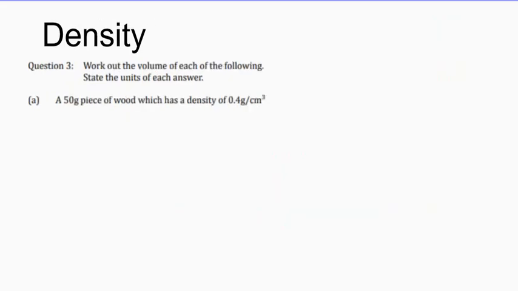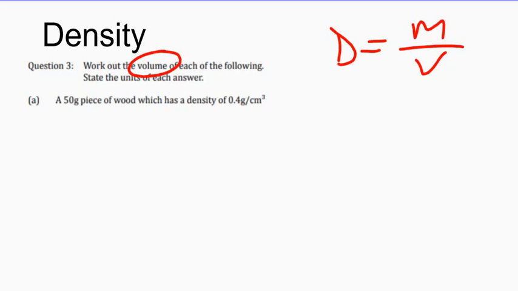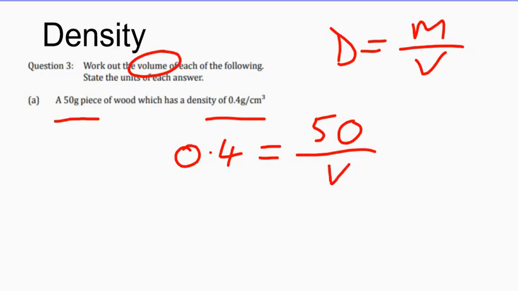The last type of question that you've got to do, it's all just different numbers, that's all, and the units might be different. Now remember, density equals mass over volume. This time we're trying to find the volume. We're told our mass and we're told the density. So let's put that information in: 0.4, that's the density, equals 50 over the volume.